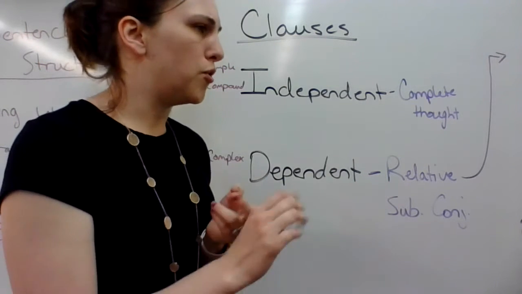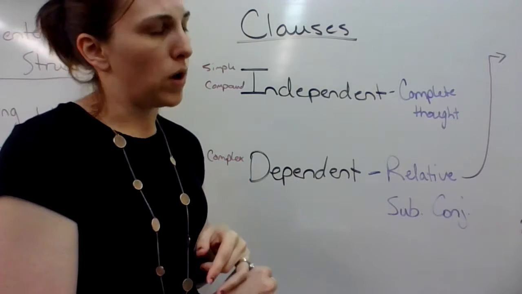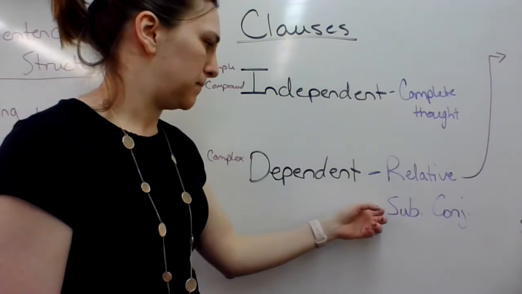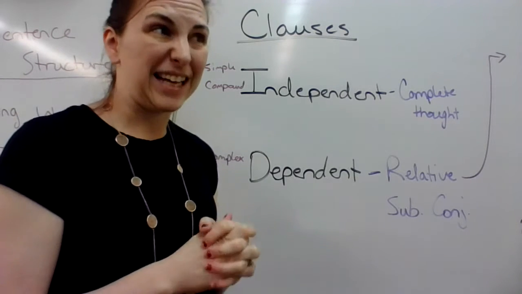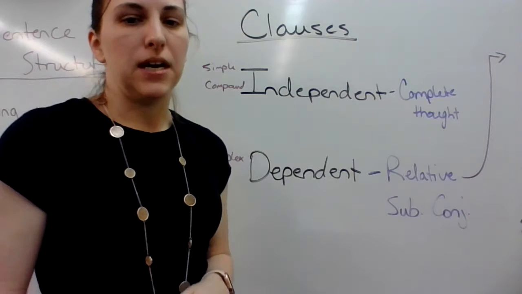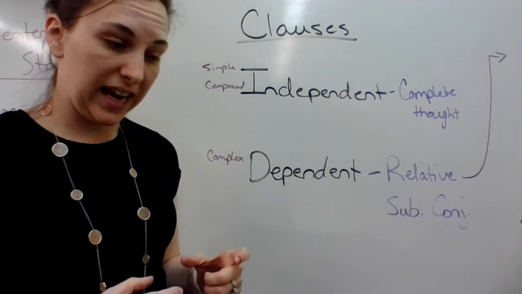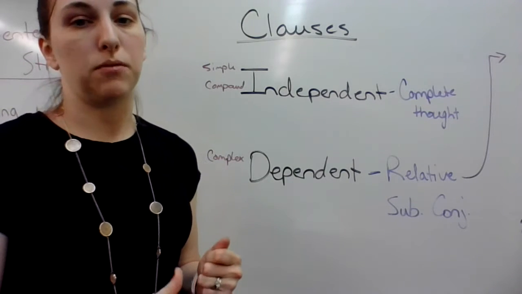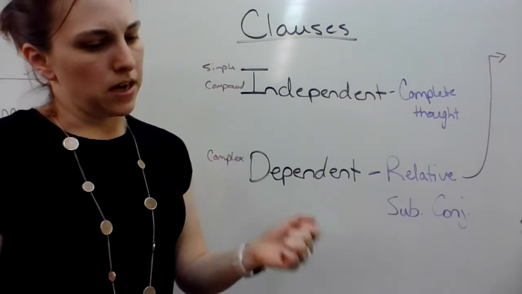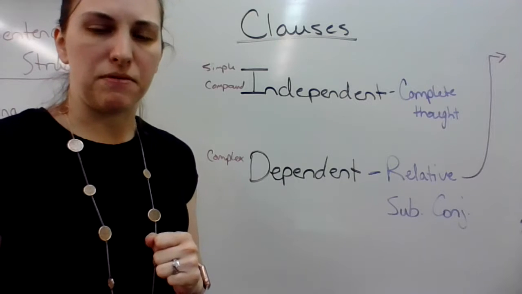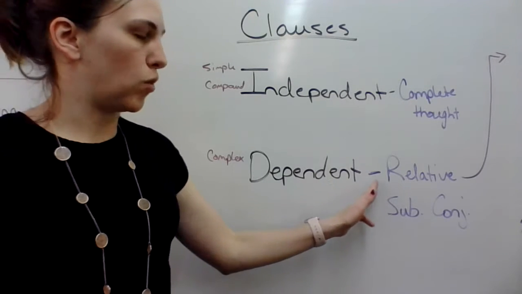There's who, whom, which, that, where, when, sometimes, and subordinating conjunctions: if, because, since, as if. There's a whole bunch of them. If you have that note card handy, pull it out. If you need to pause the video and refresh your memory on them, that would be fine as well. But this is what we're working on.